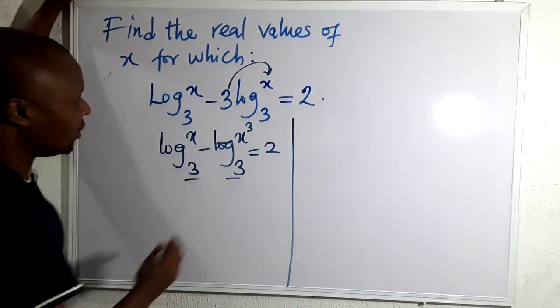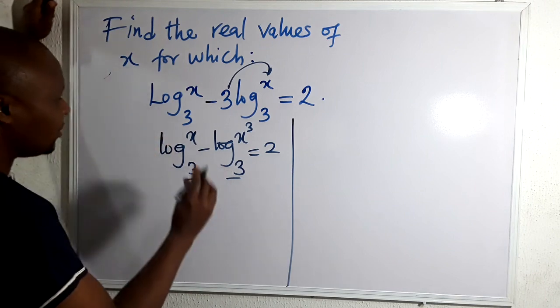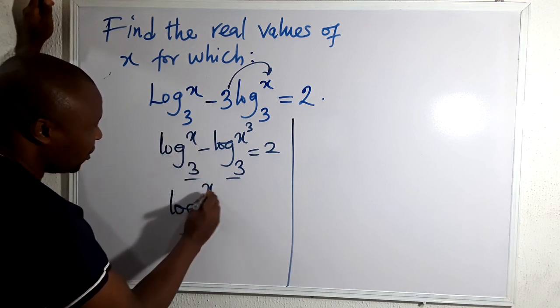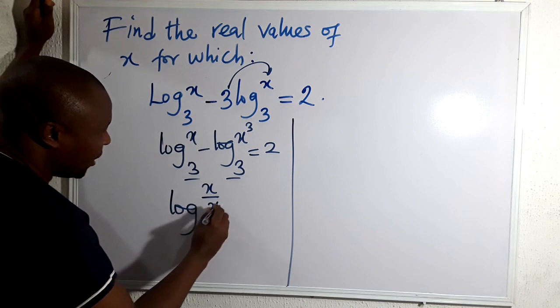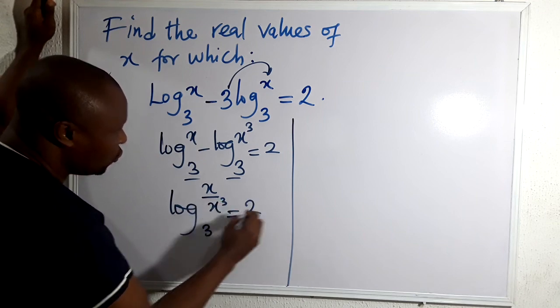So we can apply the quotient law of logarithm here. Since the bases are the same, we take one of the logs and divide the numbers: x divided by x cubed to base 3 is equal to 2.